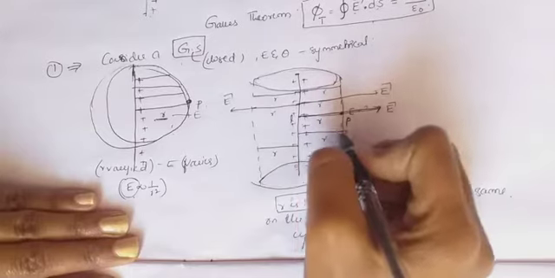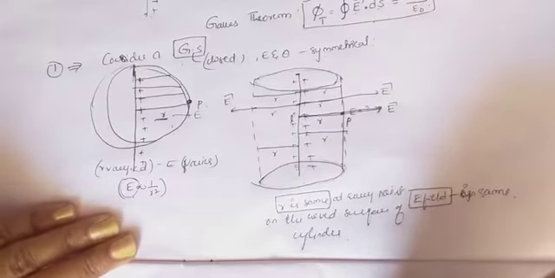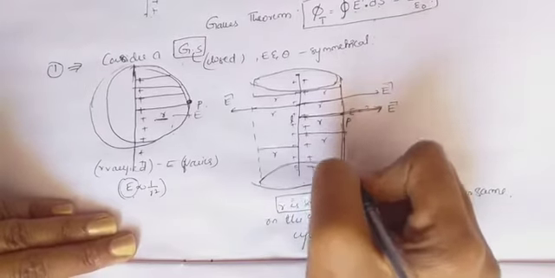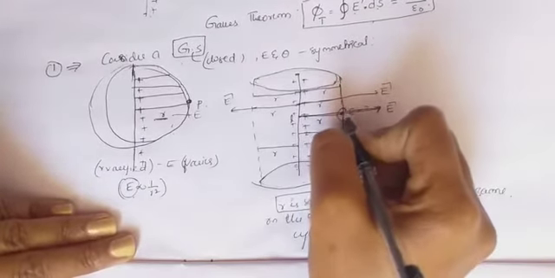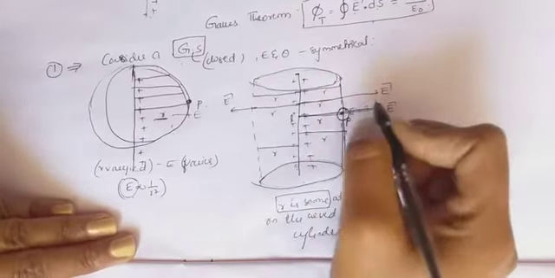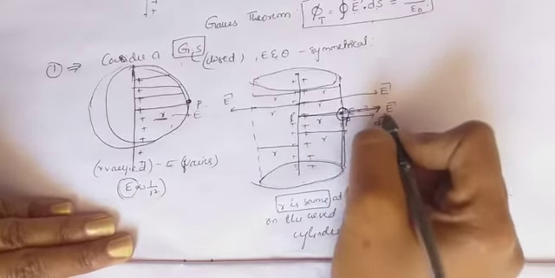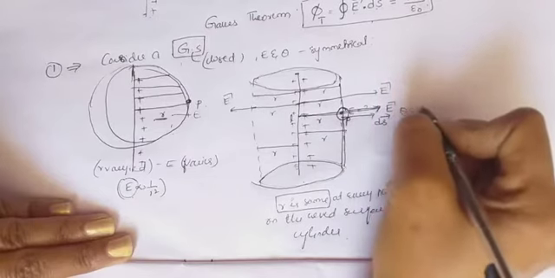Now, as it is an electric field line, this is the surface. The area vector is always normal to the surface. Just take a small area here, this is ds. Now the angle is what? Theta is equal to 0.